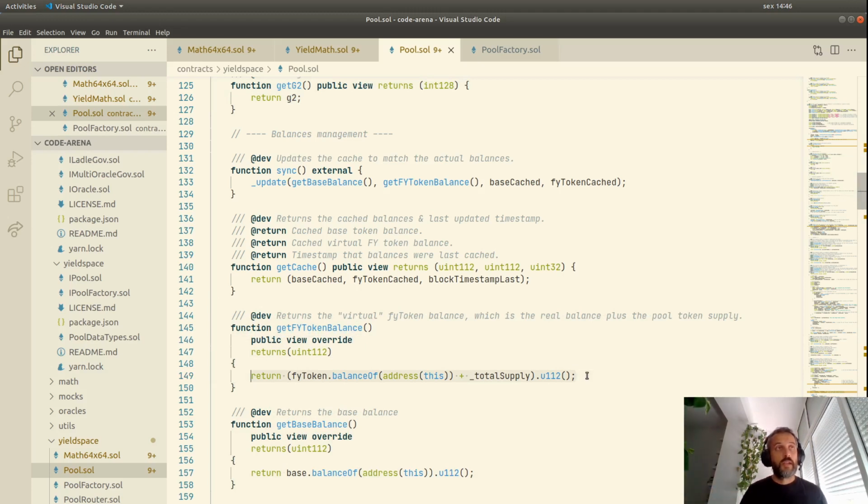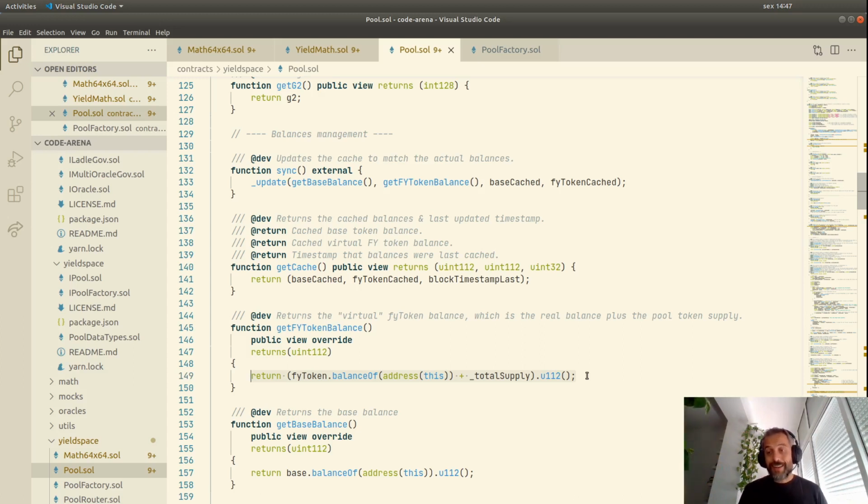To have a higher capital efficiency, we realized that we could make an amount of the FY token reserve virtual. Well, Dan realized. The pools always need to have more FY token than the underlying in order to trade. If those reserves were in the other order, the rates would be negative, and that would be very bad.